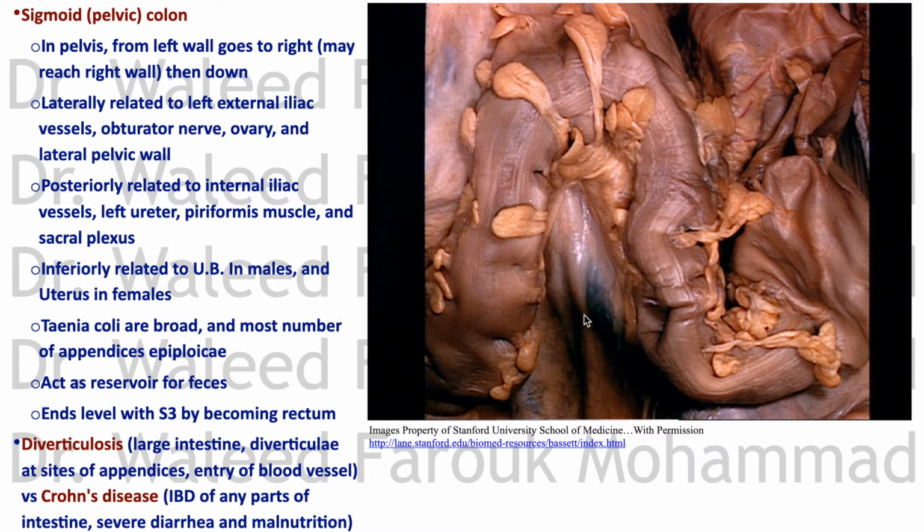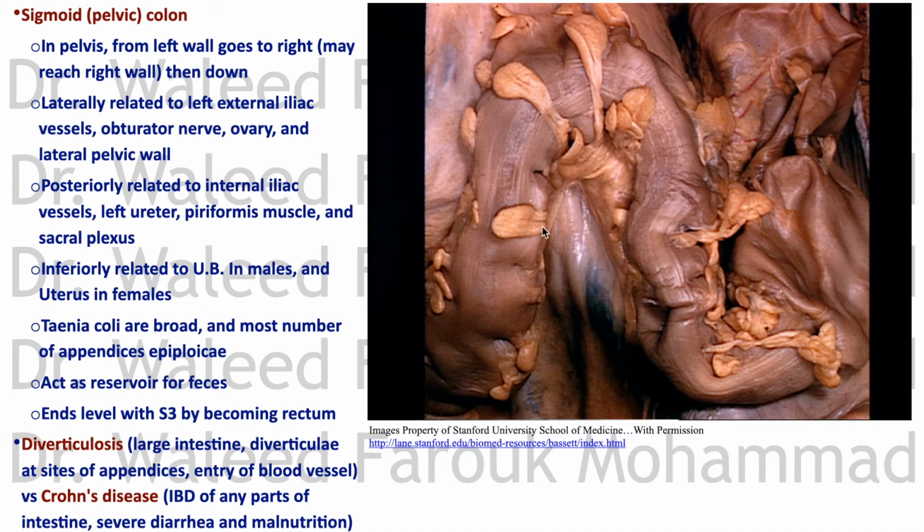The sigmoid colon, this is a beautiful dissection of the sigmoid colon. See, this is the sigmoid colon elevated here to show you the recess underneath. It's named sigmoid because it has an S-shaped course. It goes to the right and may reach the right pelvic wall, and goes back to the midline.